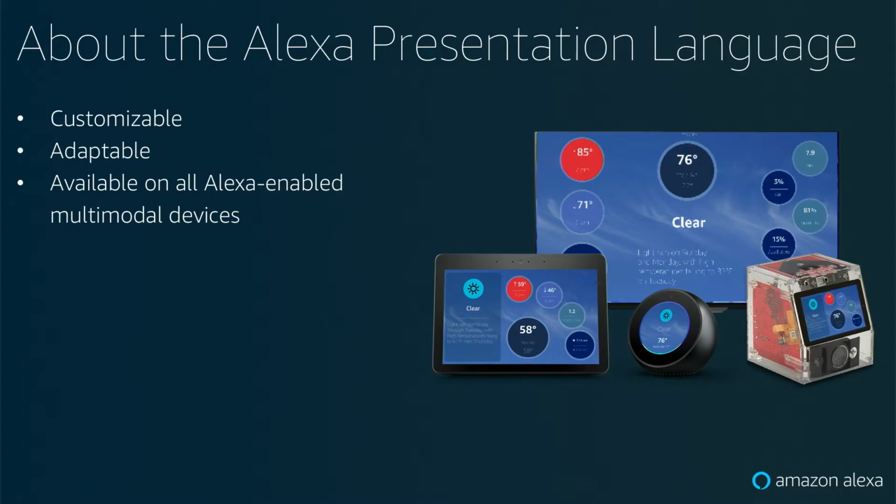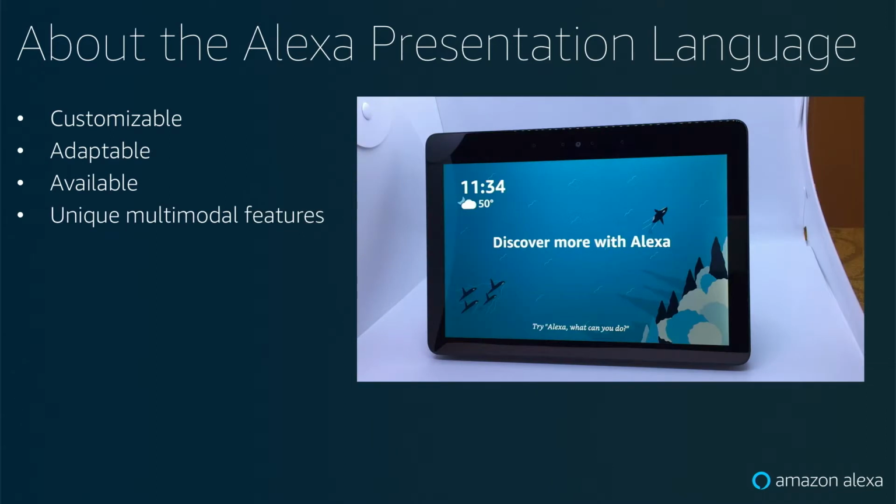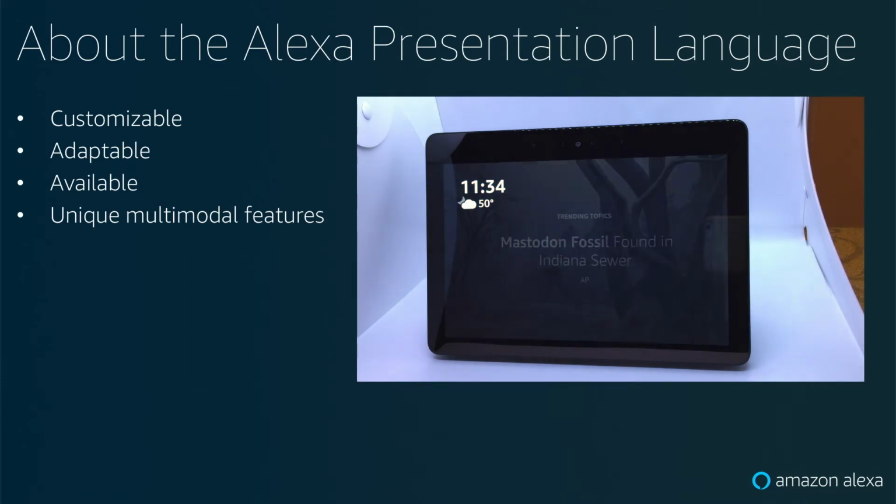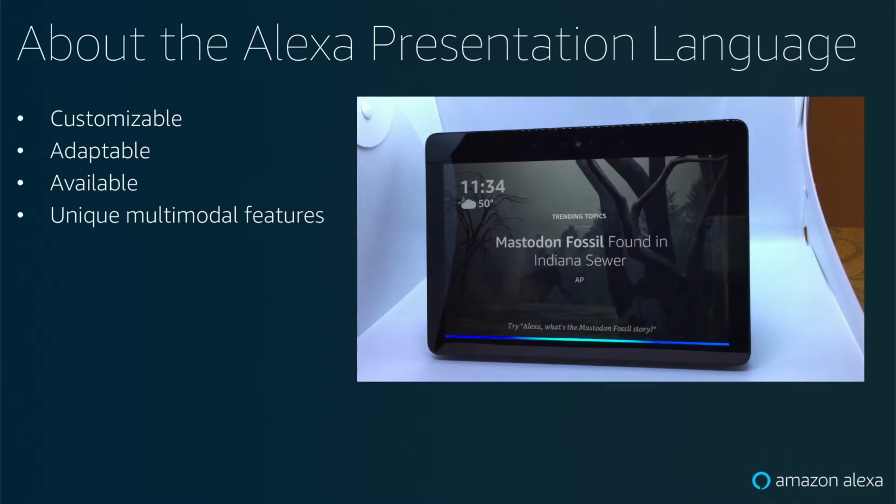That's a reference hardware kit that you can actually go order online today. And when you get one of these, it comes with APL enabled. This is meant for device makers to prototype and build new devices. And then because multimodality, having a screen and touch and remote, offers the opportunity to do new things, we've also invested in some experiences that are specific to multimodality.